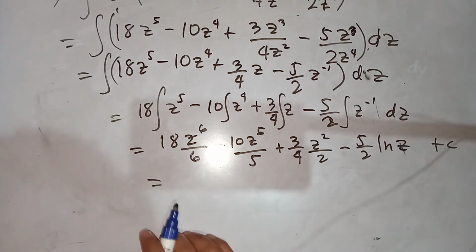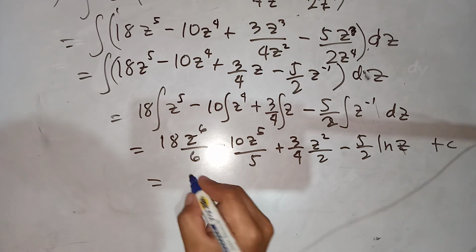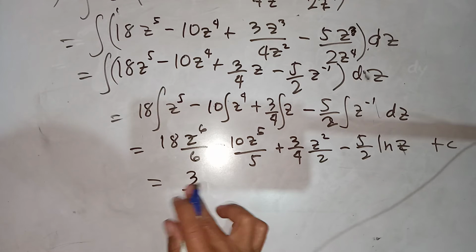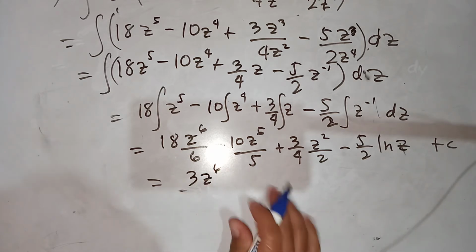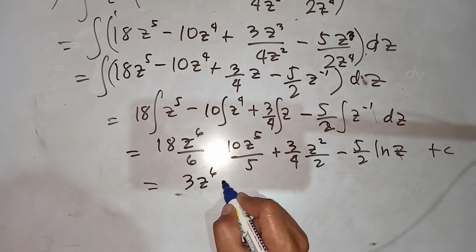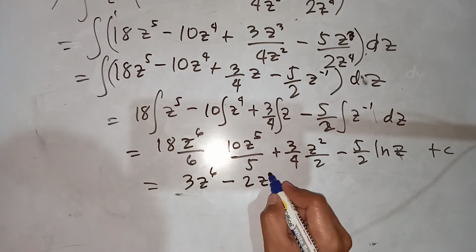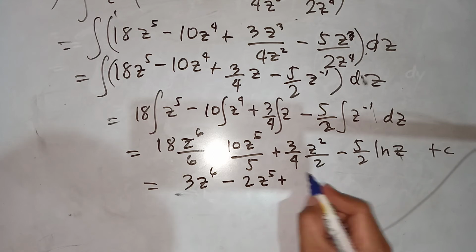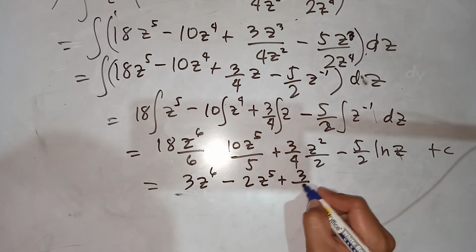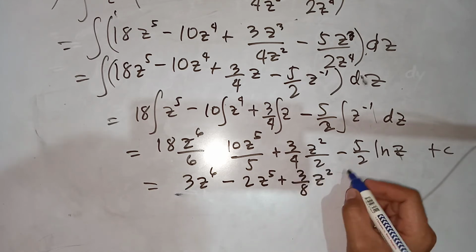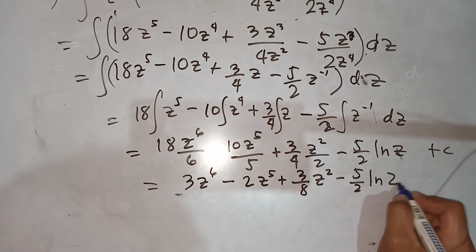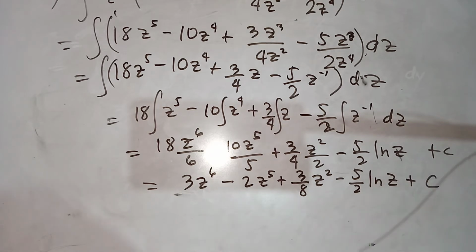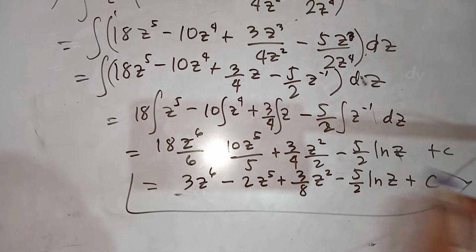So you can write this as 3 z to the 6 power minus 2z to the fifth plus 3 over 8 z squared minus 5 halves natural log of z plus c. And this is our final answer.